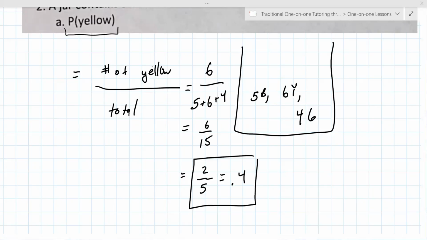It shouldn't matter, but sometimes there's a comfort level with that. You notice I made kind of a jar. Really, it's just an open box. I don't like to draw the individual marbles. You just need to somehow symbolize that there's something in there. Okay, part B.